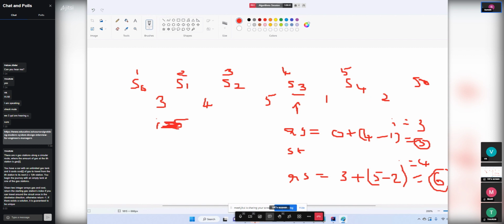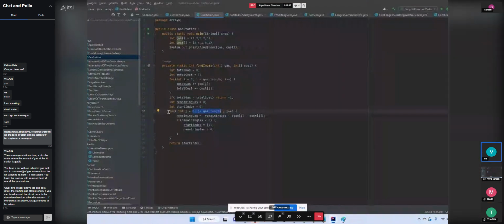Look at the for loop condition: I less than the gas length. The length is 5, and when I becomes 5 it exits the loop.